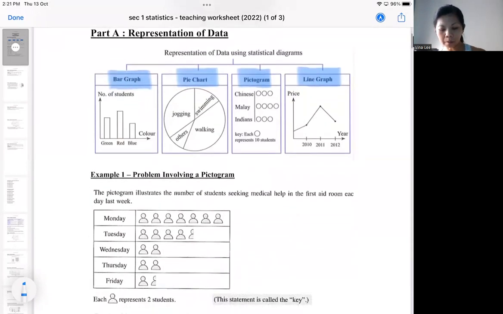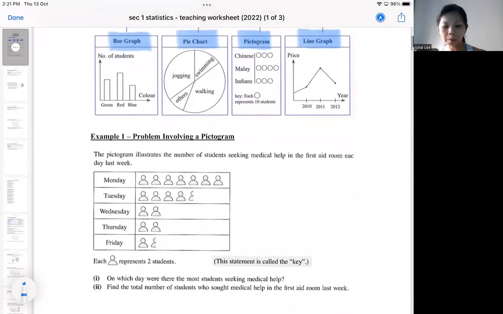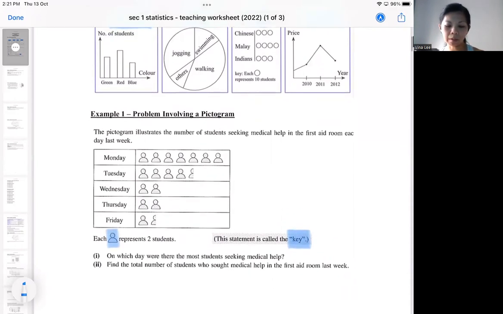So for example, example 1, we have a problem involving a pictogram. The idea of a pictogram is to use a symbol to represent a certain quantity. So there will be something called the key, which tells you what quantity is represented by this symbol. So you always read the question, what does it represent?